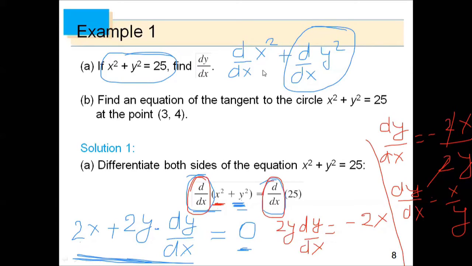So this is x squared. Derivative of x squared is 2x. Derivative of y squared will be 2y, and then I have to differentiate y with respect to x, so 2y dy over dx. And on the right hand side, it is a constant, and the derivative of a constant is 0.